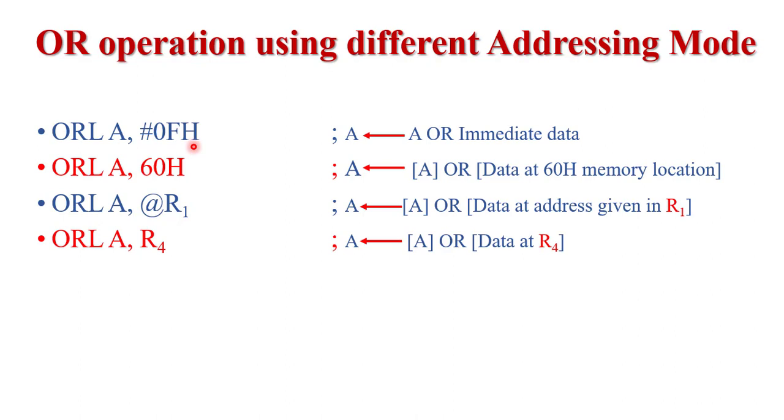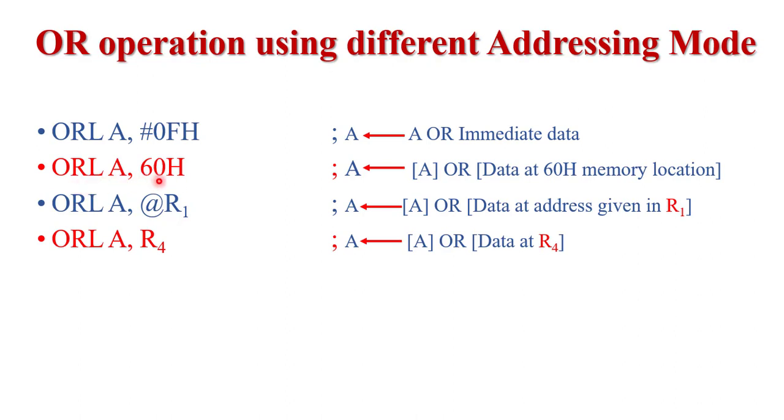This instruction tells that perform OR operation between the accumulator register data and the immediate data and result is stored in the accumulator register. Next instruction is ORL A, 60H.